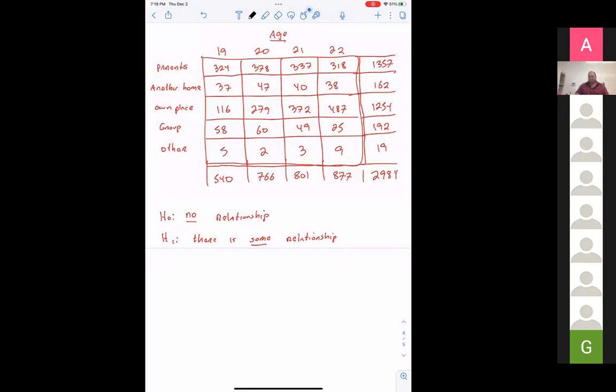But at the same time, the 540 19-year-olds should be spread evenly amongst the column.